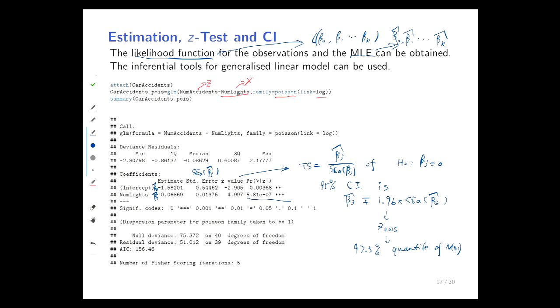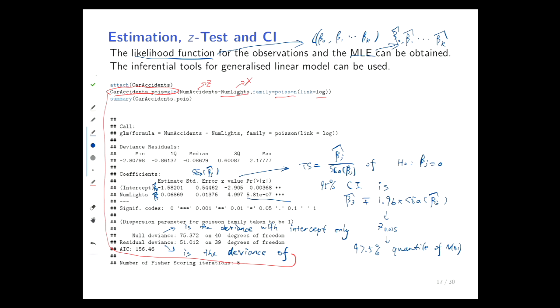Also, in the table, we have the null deviance and the residual deviance. The residual deviance is the deviance of the model. The model here is the car accidents Poisson model, so our model is the model with Z and the explanatory variable X. And we also have the null deviance. The null deviance is the deviance with intercept only.